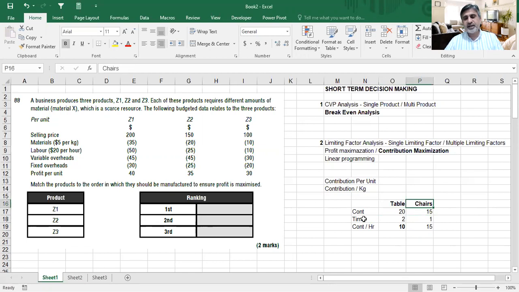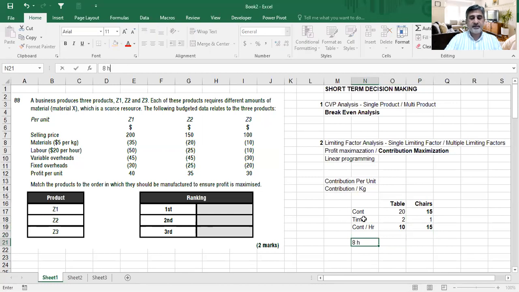In the case of chairs, although I am getting less, $15, I get $15 in every 1 hour. So for me, making chairs is more beneficial, because in an 8-hour day I can only make 4 tables, but I can make 8 chairs.